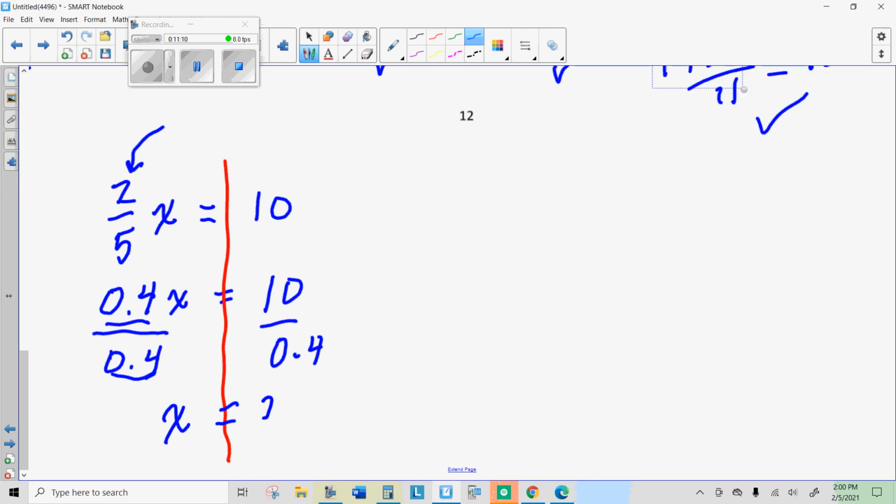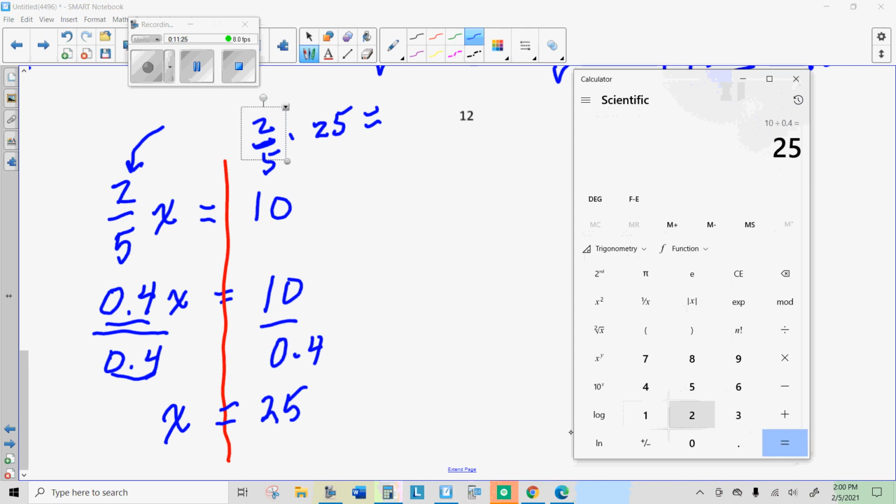And then you just want to check that by doing 2/5, just in case you did the fraction wrong. Do 2/5 times 25 and make sure that equals 10. So 2 divided by 5 times 25, and it does.